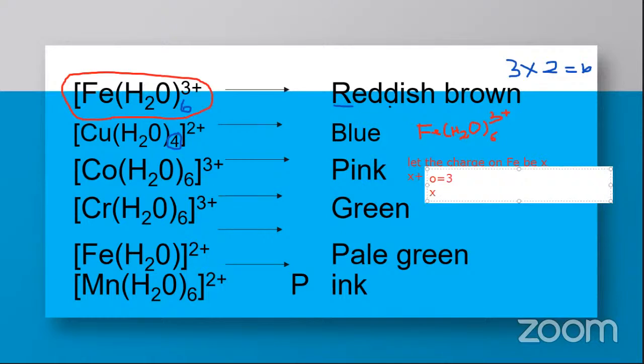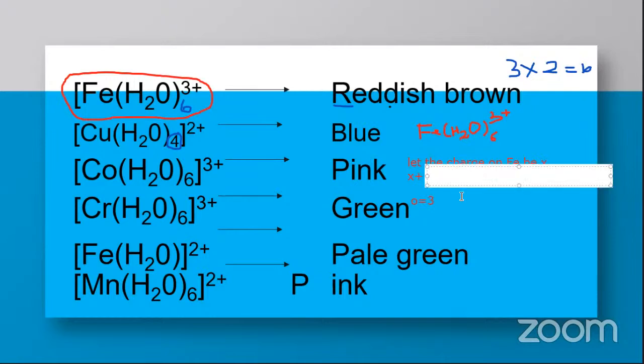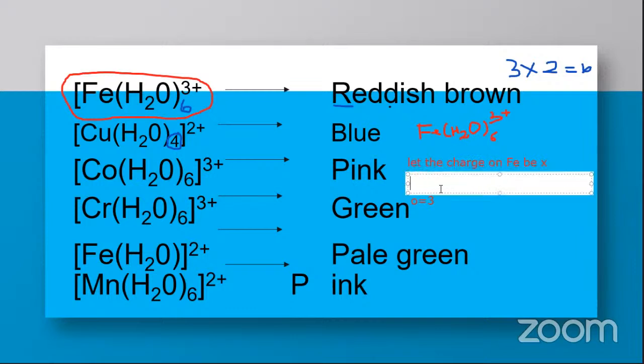So we say x plus 0. How do we get the 0?